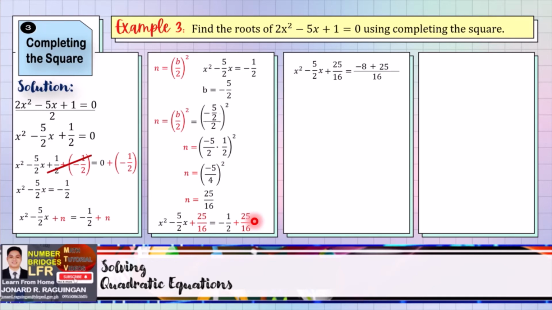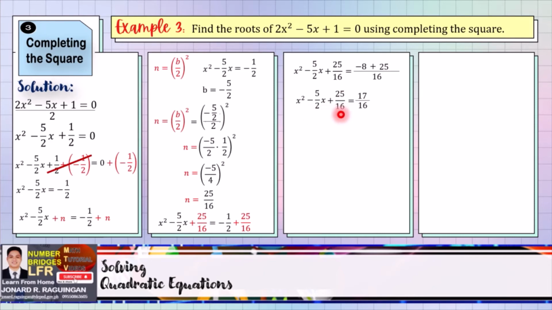Then simplify. Copy the left side of the given equation, is equal to negative 8 plus 25 is 17 all over 16. Then the factor of x squared minus 5 all over 2x plus 25 all over 16.